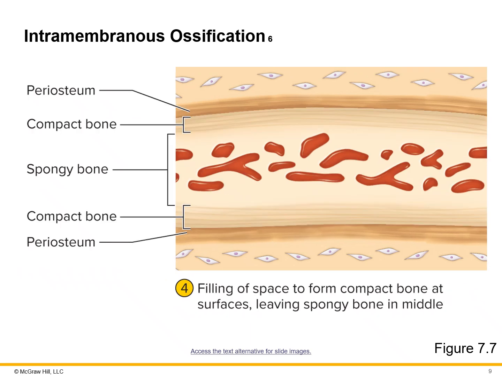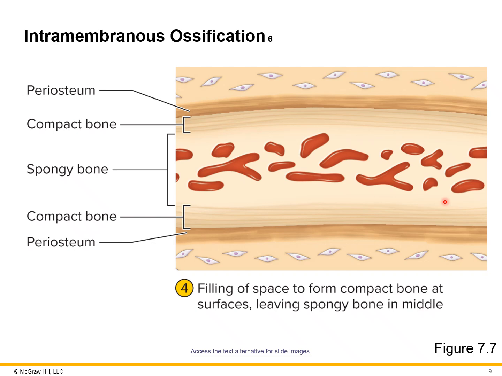So at the surface, osteoblasts are located beneath the periosteum, and they deposit layers of bone that fill the spaces between the trabeculae and create a zone of compact bone on each side, as well as thicken the bone overall.